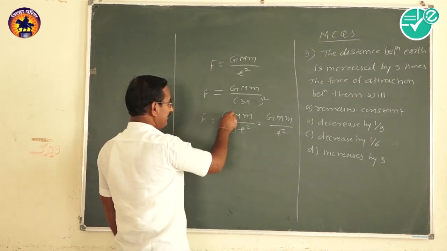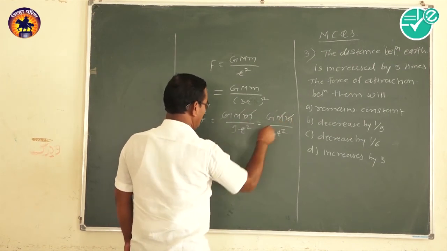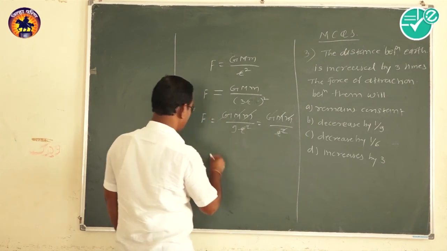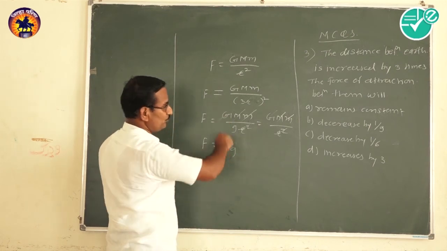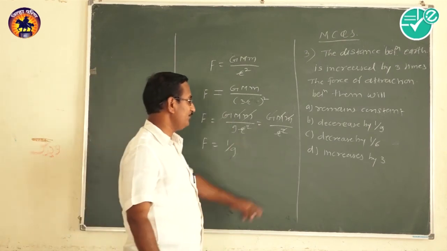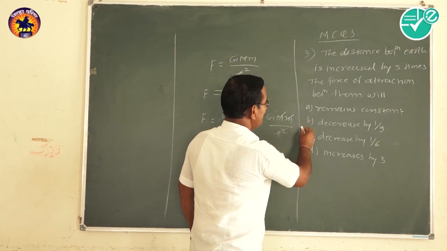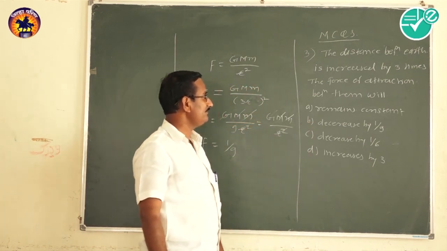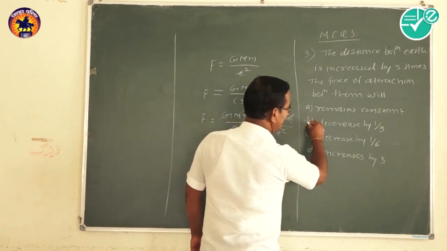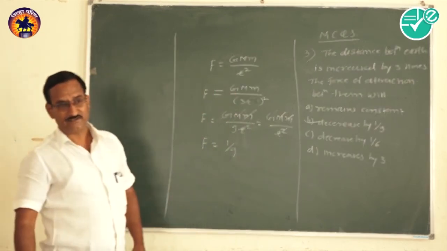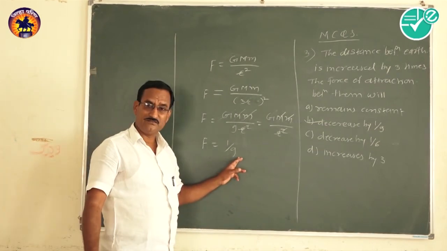Here G, M, m get cancelled, and R square gets cancelled, so F is 1 by 9. So the correct alternative of this MCQ is that when the distance between Earth and Sun is increased by 3 times, the force of attraction between them decreases by 1 by 9. That is the answer.